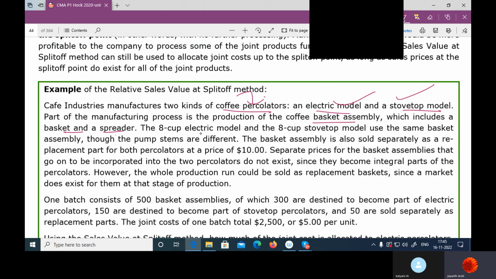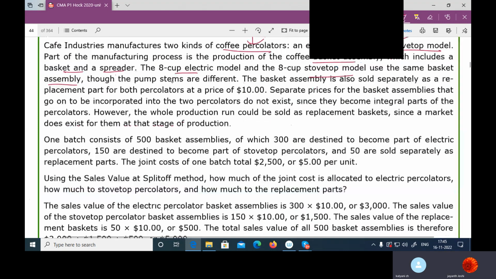The 8-cup electric model and 8-cup stovetop model use the same basket assembly. That means for those two products, they use this assembly only, though the pump stems are different. The basket assembly is also sold separately as a replacement part for both percolators at a price of $10.